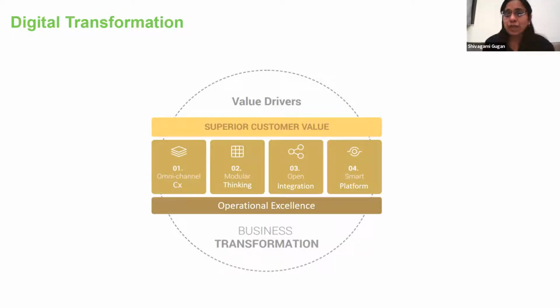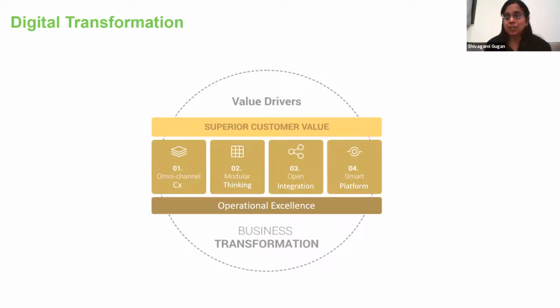And the fourth thing we look at is more of a platform-centric view, so that your engineering capabilities are enhanced in a manner that you have a lot of economies of scale, economies of reusability, and of course, underpinning all of these is operational excellence.